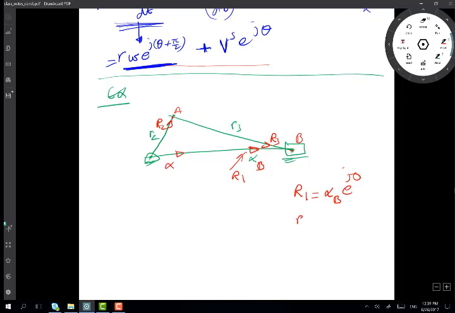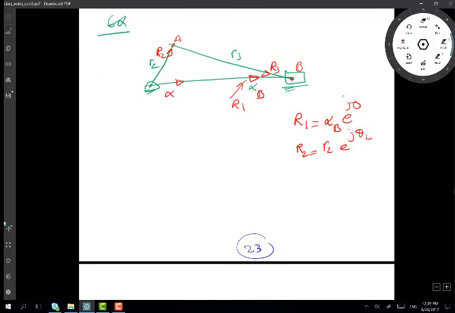R2 has constant length R2 and angle theta 2, which varies. R3, small r3, is constant length, with theta 3 over here.